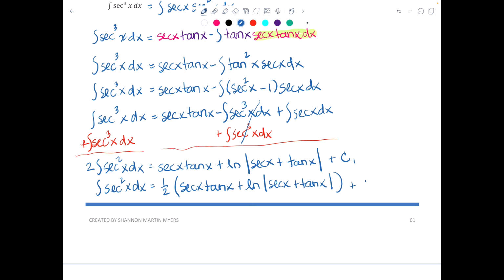And then we'll just call this plus C. A constant times 1/2 is just another constant. Awesome.